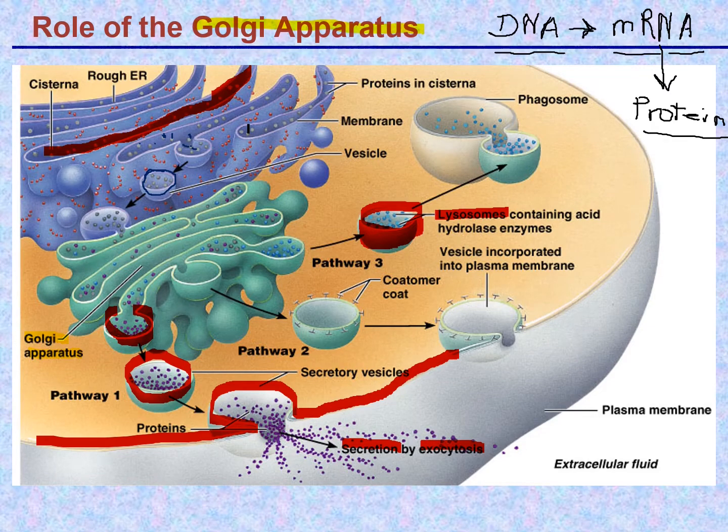Remember, hydrolytic enzymes are used to break down the 4 major types of molecules found in living things: proteins, carbohydrates or polysaccharides, lipids, and nucleic acids. So if the proteins are hydrolytic enzymes, sometimes they're packaged into a vesicle, which is called a lysosome.